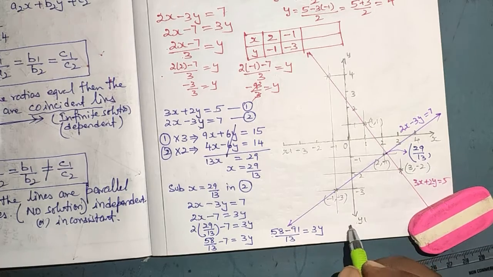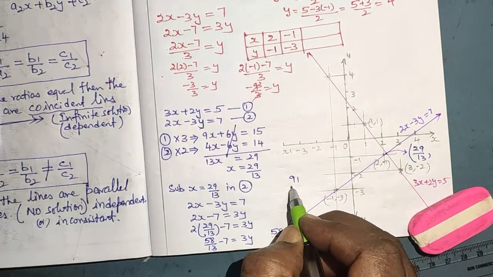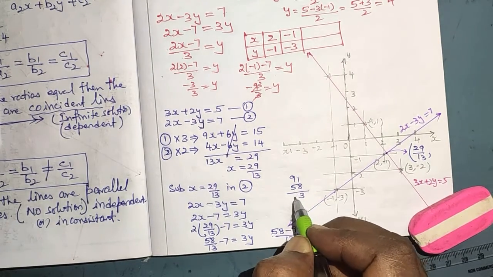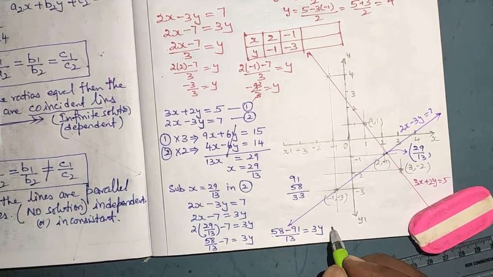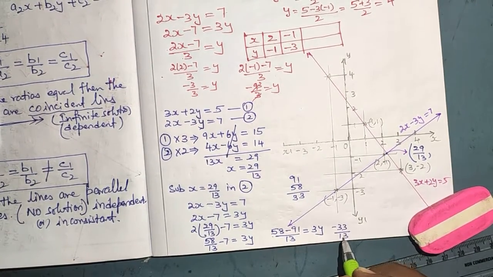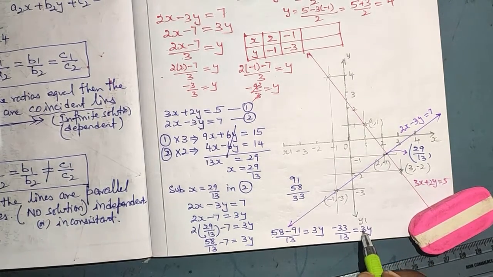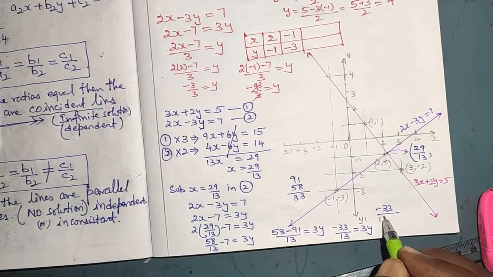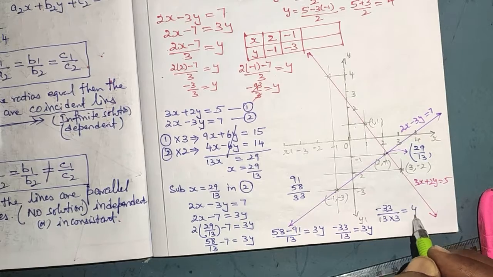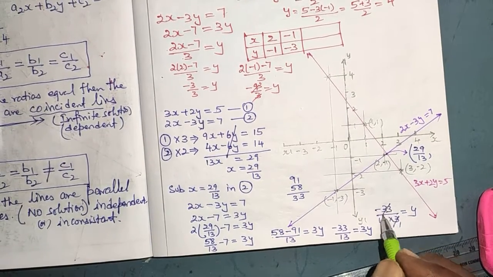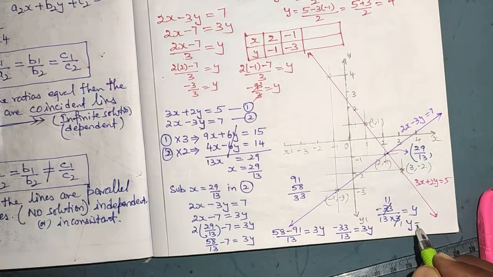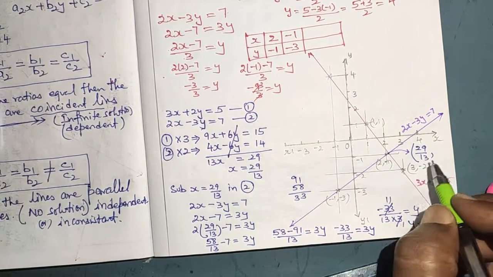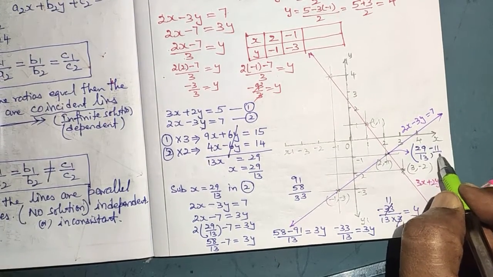What is 91 minus 58? 91 minus 58 is 33. So I will get minus 33 by 13 is equal to 3y. I will bring this 3 to the denominator, and I will get minus 33 by 13 into 3 is equal to y. 3 1s are 3, 3 11s are 33. Therefore, the y value I have got is minus 11 by 13.